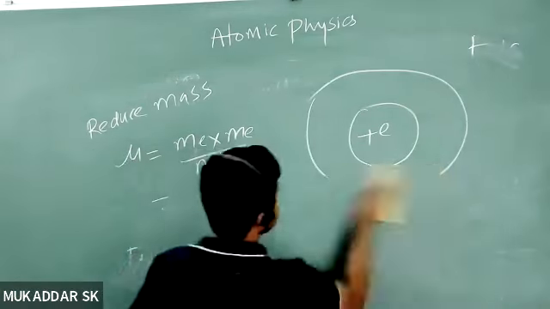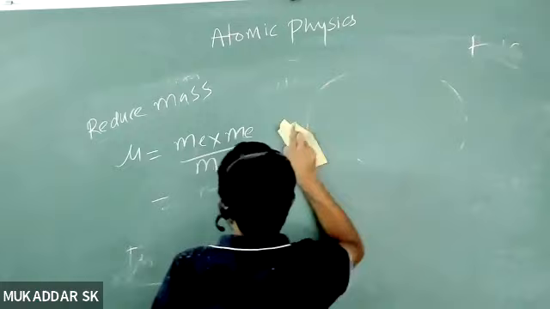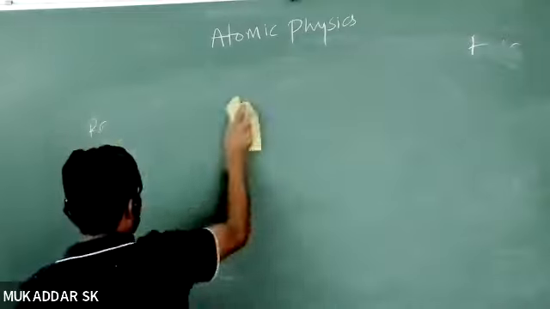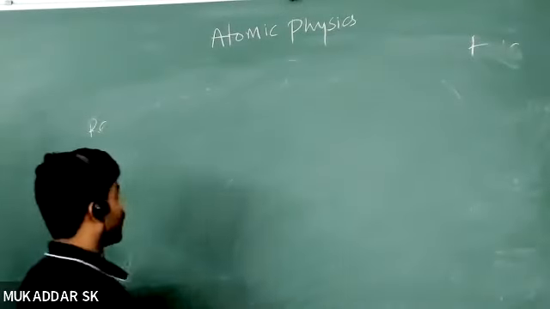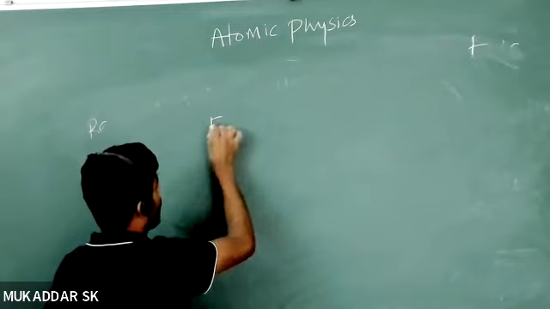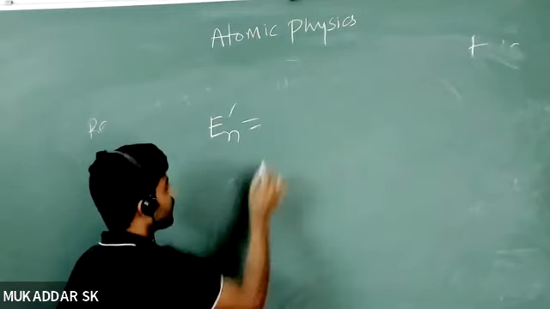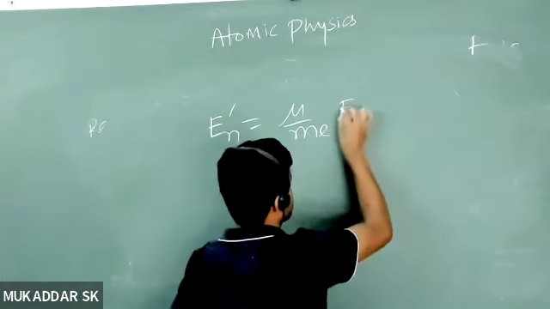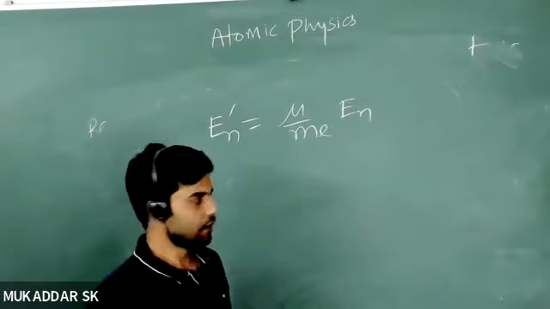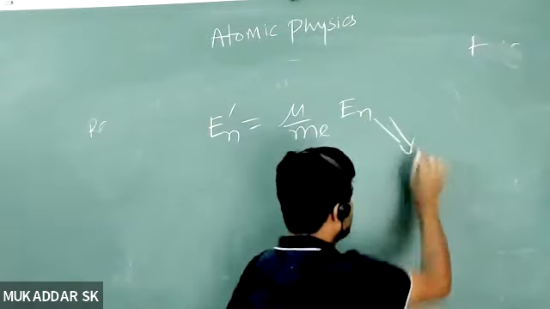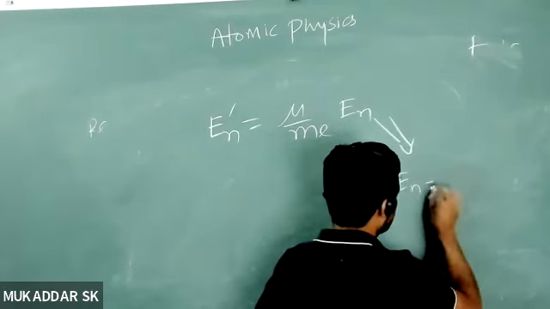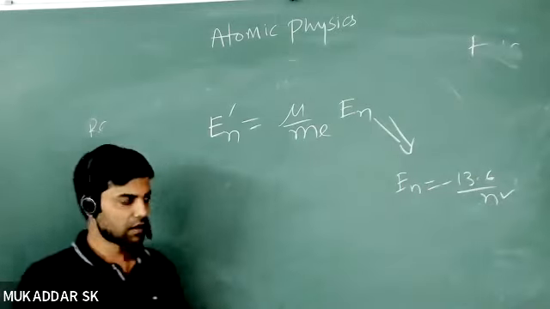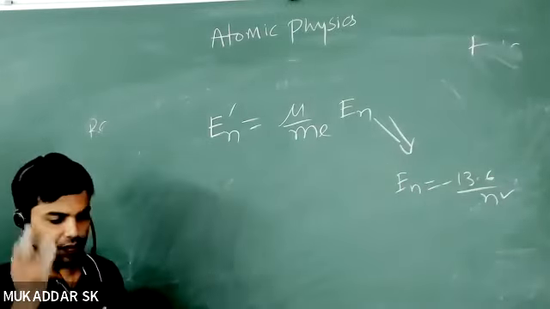Now the energy expression due to finite nuclear mass that I have written was mu by me into En, where En, according to Bohr, you know, was minus 13.6 by n square. This was your En, the energy of the nth level.